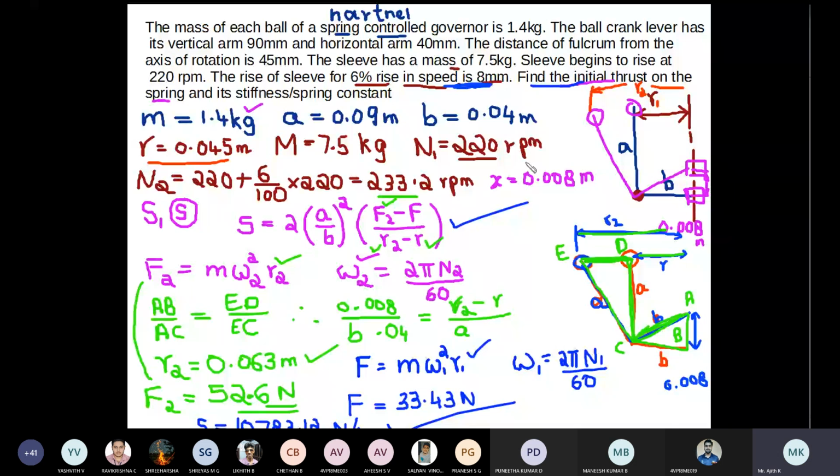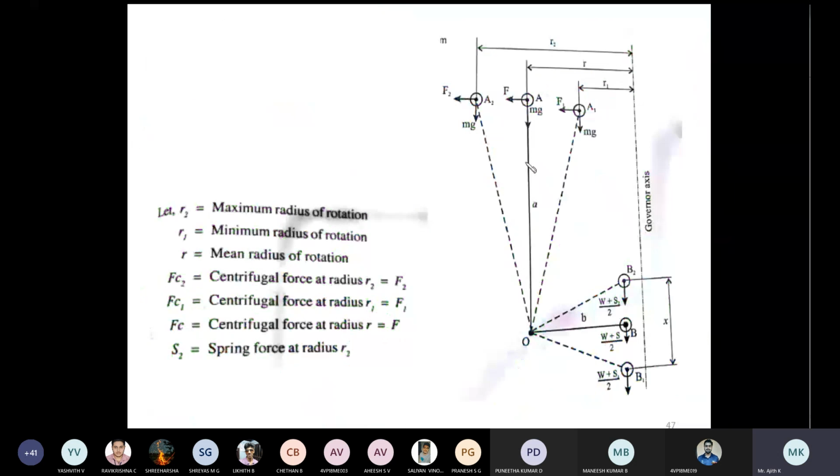So during this first slide, I told you here a spring force of W plus S1 by 2 will be acting. And for this position, a centrifugal force of F1 will be acting.